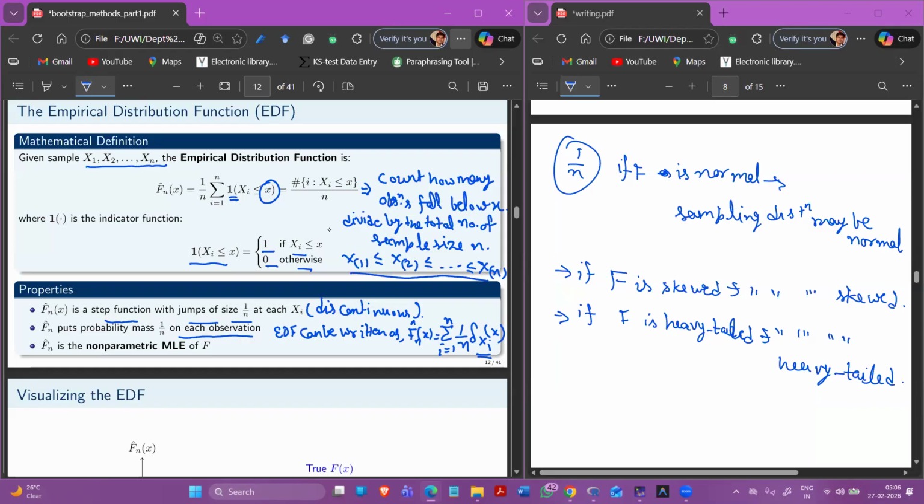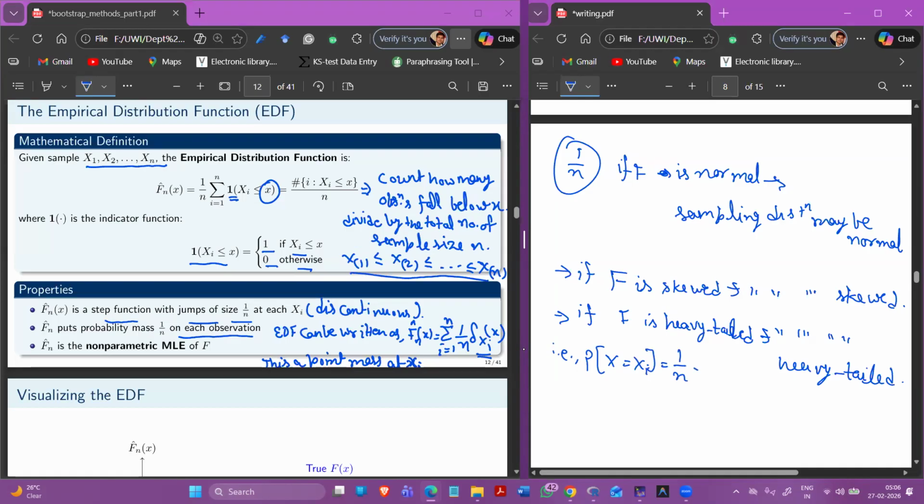This is a point mass at capital Xi. That basically means the probability of capital X equal to capital Xi is 1 upon n.